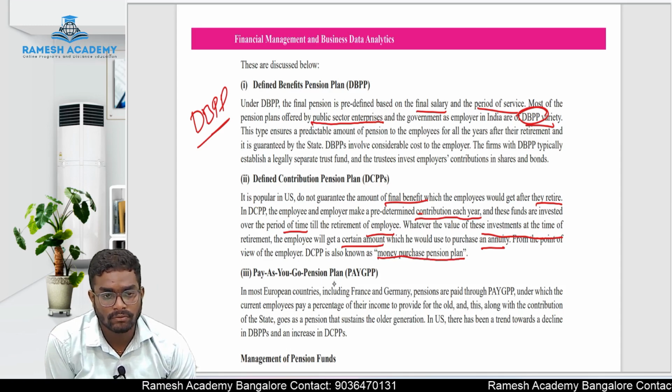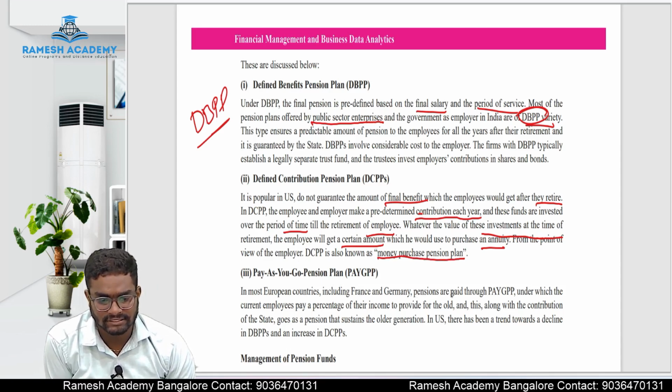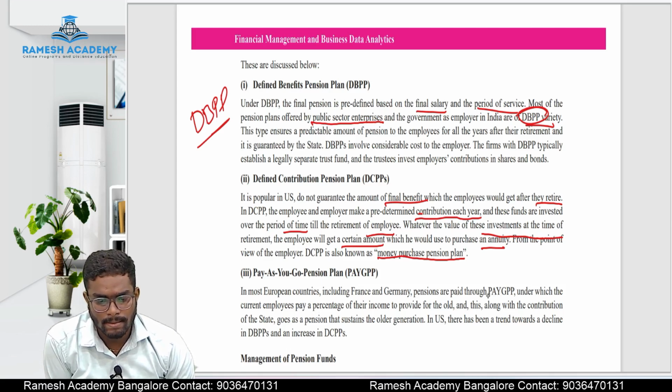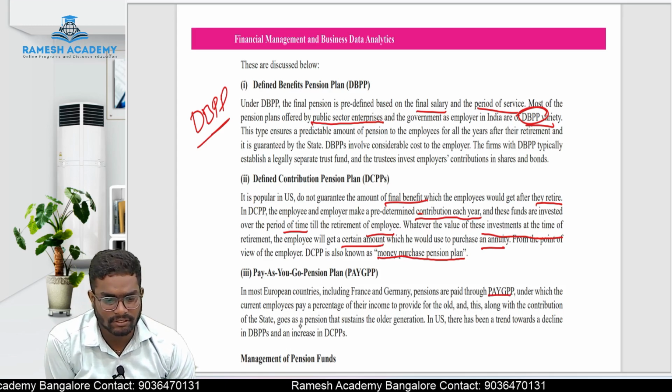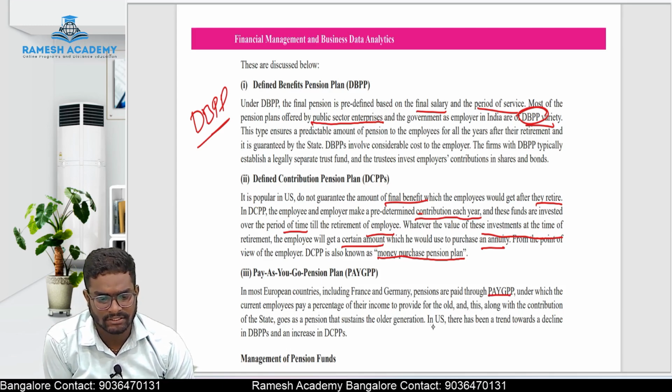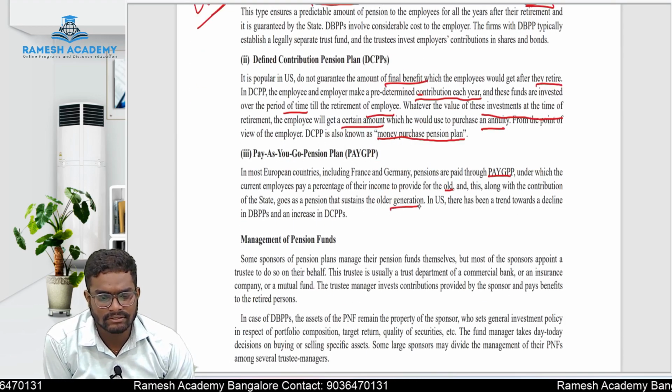Pay as you go pension plan. In most European countries, including France and Germany, pensions are paid through a pay as you go pension plan, under which the current employees pay a percentage of their income to the old, and this, along with the contribution of the state, goes to the pension, and that sustains the older generation.